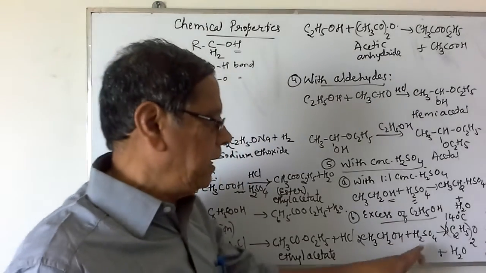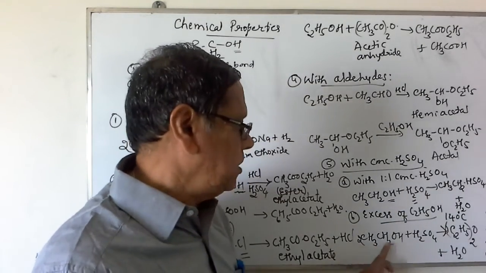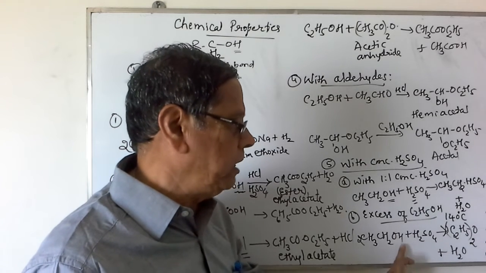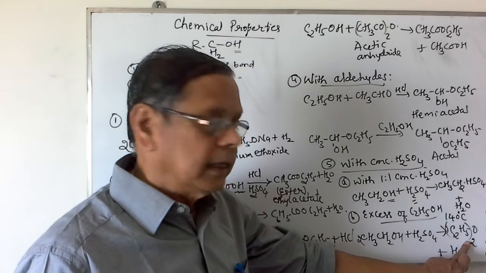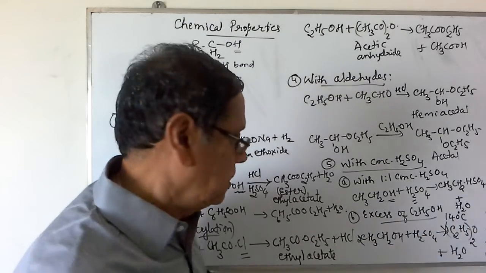Actually, this is the dehydration reaction between two molecules of ethyl alcohol. CH3CH2OH and CH3CH2OH undergo an elimination reaction to give rise to diethyl ether. This reaction is at about 140 degrees Celsius.